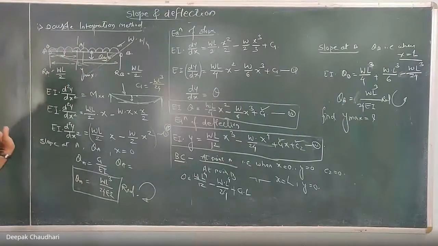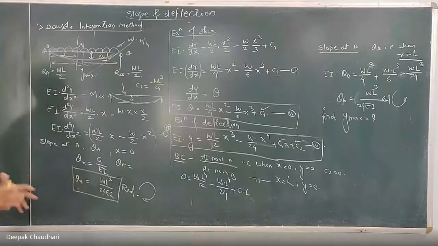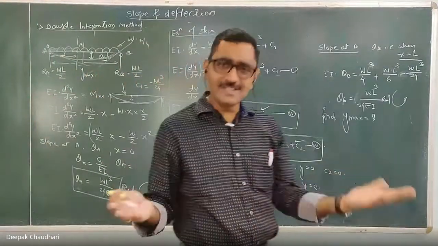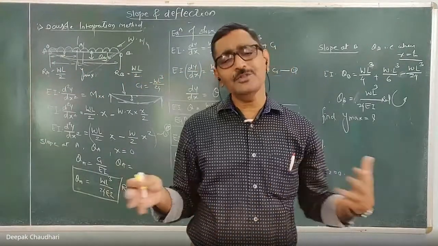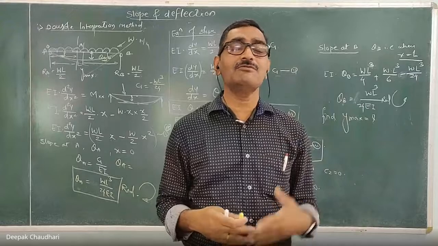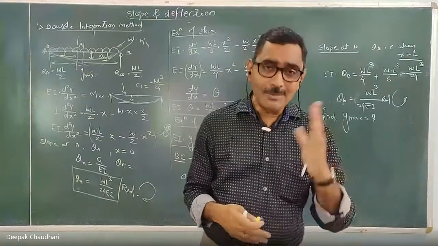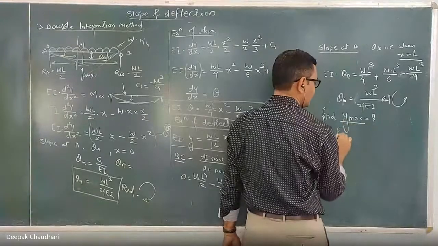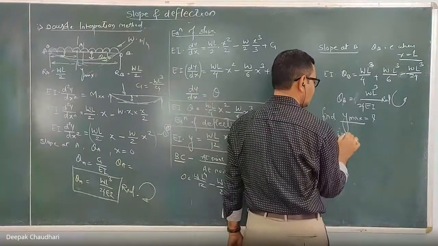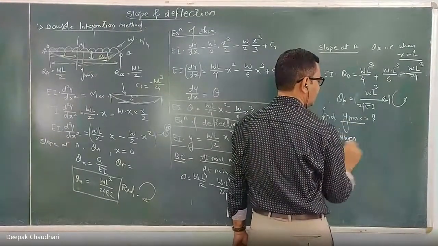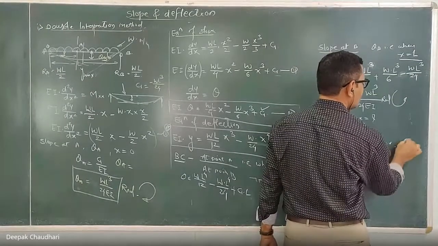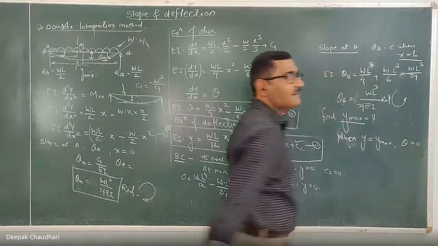But if there is an unsymmetrical loading and you don't know the exact location where Y is maximum, remember one thing: whenever Y equals Y max at a position, theta is always equal to 0, or vice versa.